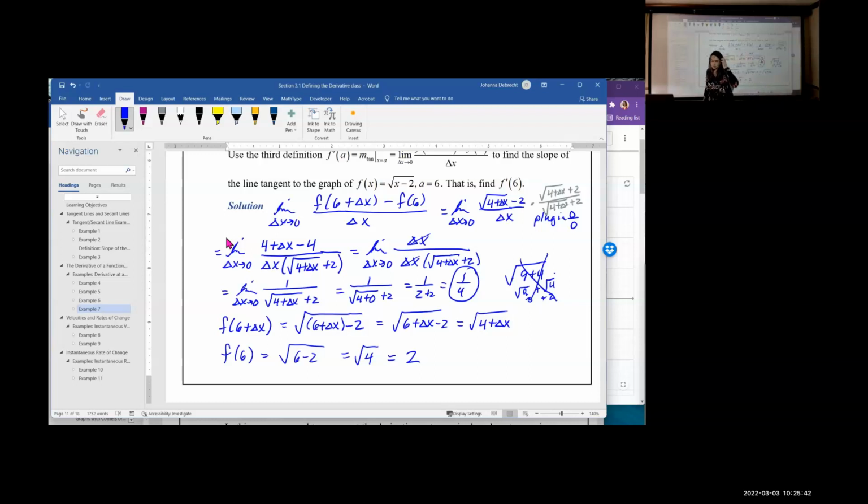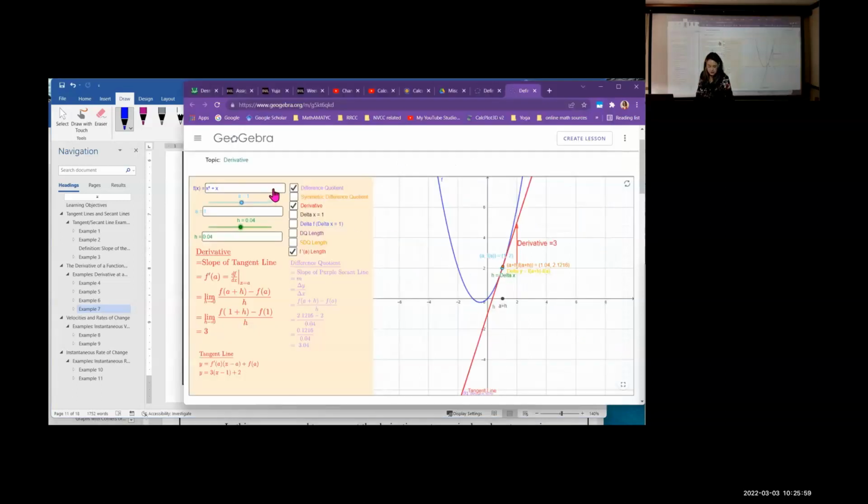Right? So the slope of our tangent line on the graph of the square root of x minus 2 as we approach 6 is going to be 2. And I'll put that one in the graph. I'm not sure how it does square root, so let's see if it'll take square root.